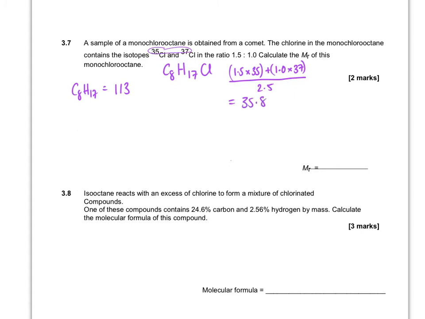If we add that to the 113, we get 148.8. And again, the examiner's given us a little spot to write it, so let's make sure we write it in that little spot. Mrs are usually to 1 decimal place unless otherwise specified, so make sure you do them to 1 decimal place.